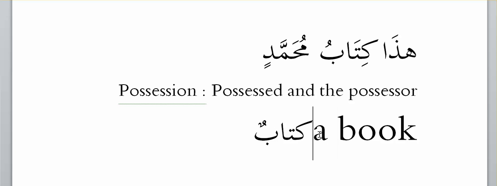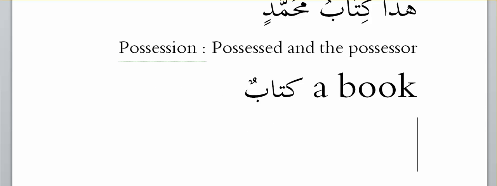Is that a specific book? No. Is that a specific book? No. Okay. There are two ways to make it a specific book, to make it definite. Actually, there's more, but two basic or simple ways, two ways we have learned so far. I don't want to put too many rules.